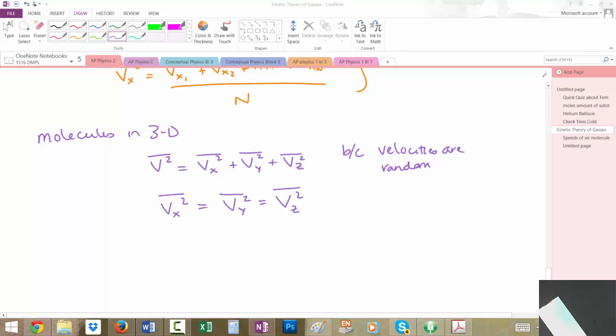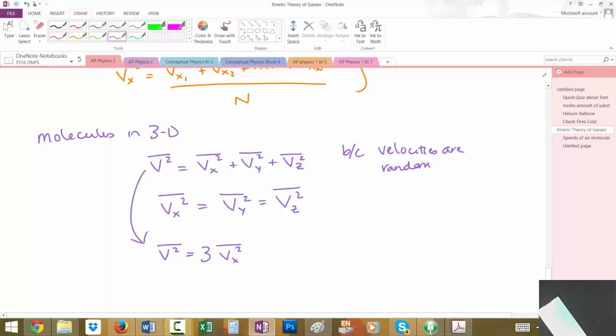So that means that the average of v squared is really like 3 times the average of Vx squared. Is that okay? I'm writing like a lot of crazy stuff on a Thursday morning. Are you feeling okay so far?